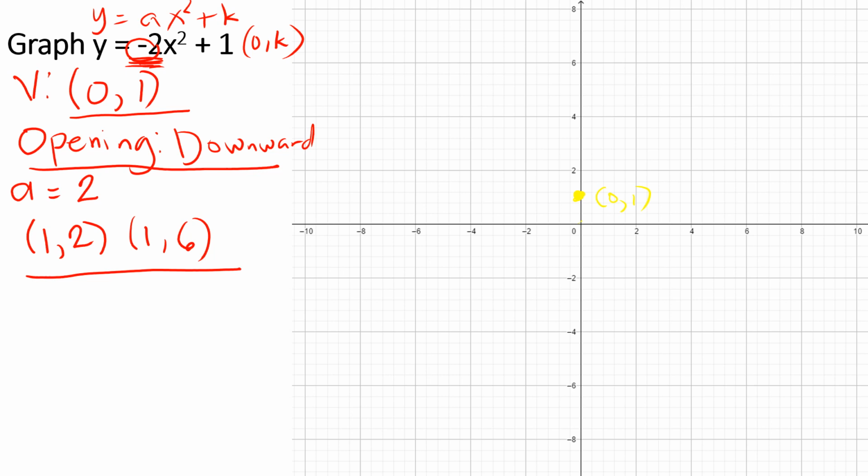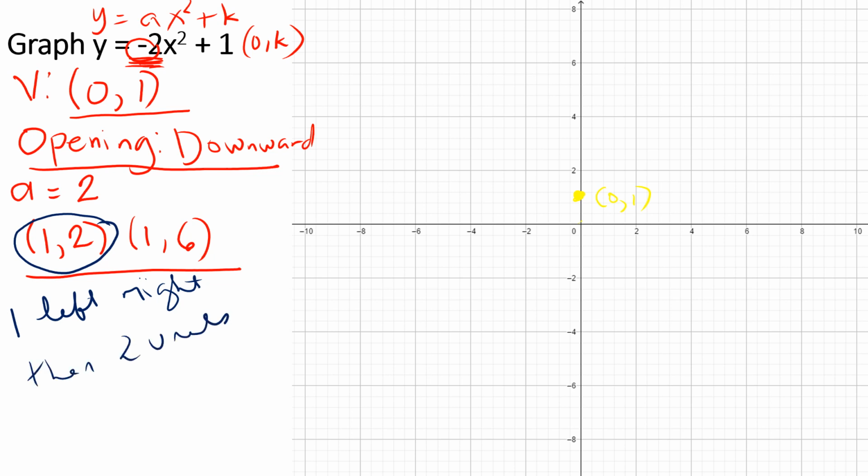So, ang una nating pattern ay 1, 2. This means 1 left and right. Then, 2 units up or down, downward, kasi negative tayo. So, 1 first, left and right.